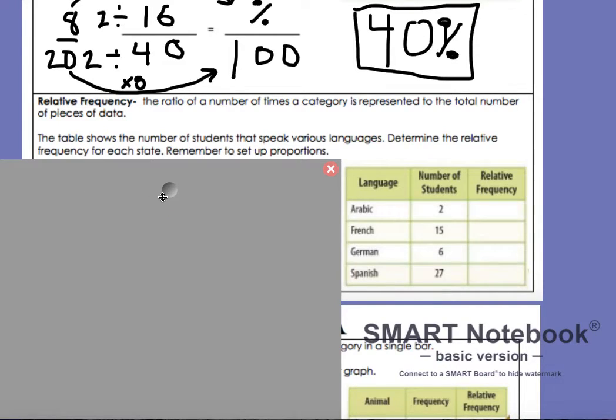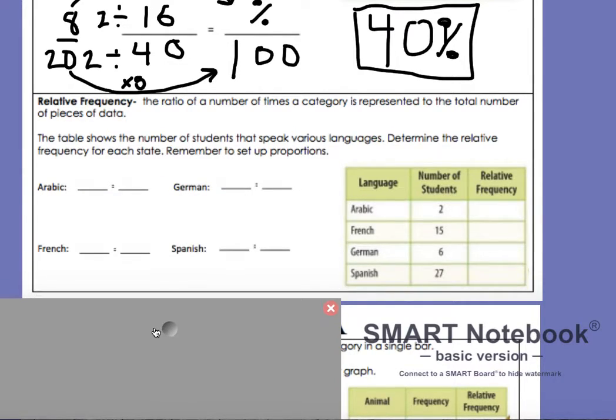Determine the relative frequency for each language and remember to set up proportions to solve. So here I already have it set up, so we just have to fill out the numbers. The relative frequency is going to be our percent.